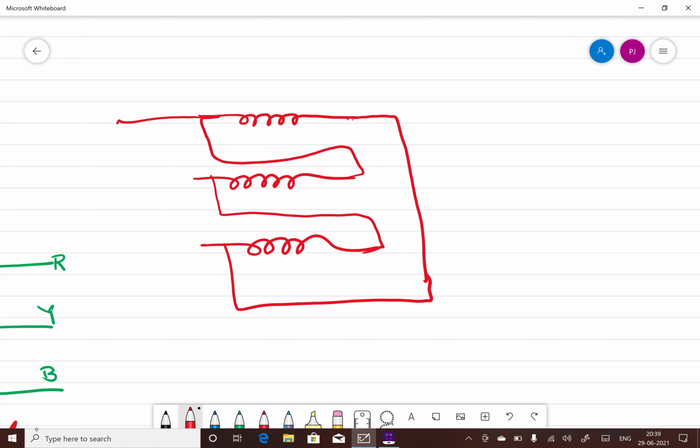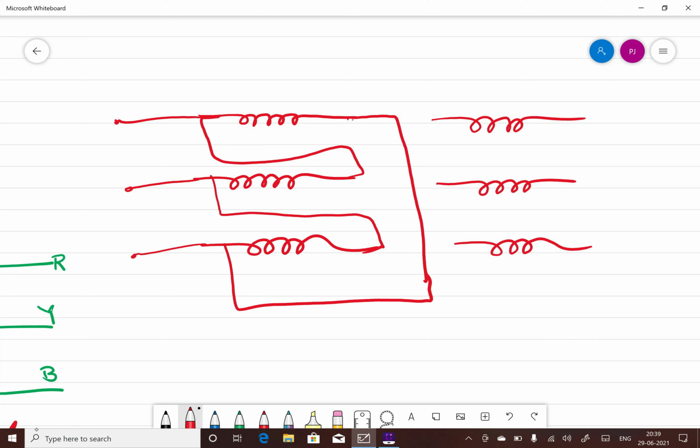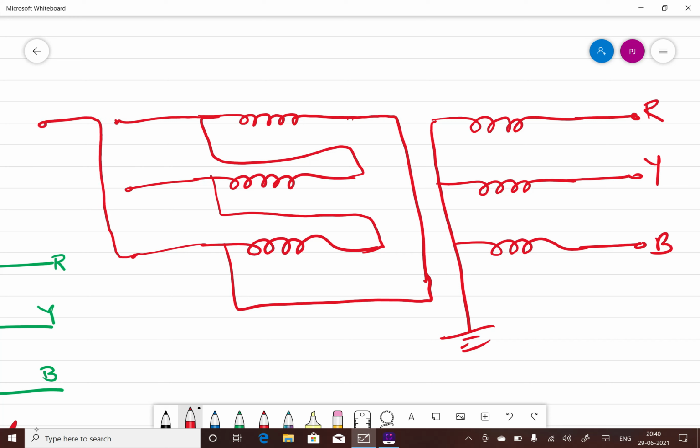We were expecting that this is your R phase, this must be your Y phase, and this must be your B phase, and this is the star winding, which is like this, and this is grounded. So on the star side, everything is correct. This is RYB, which is correct. But suppose inadvertently on this side your terminals have interchanged because of some wiring error. So now your R phase is this, your Y phase is this, and your B phase is this.